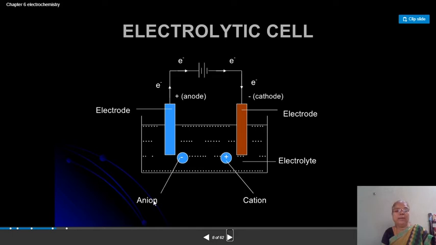We call a negative ion an anion, and here there are some positive ions. We call them cations. Any electrolytic solution in an aqueous state consists of anions and cations, that means positive ions and negative ions. Here there are a large number of positive ions and a large number of negative ions.